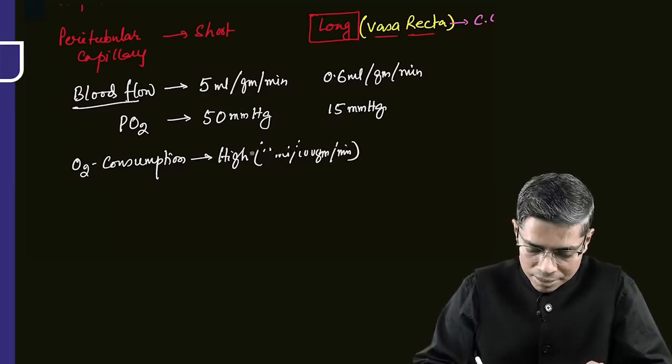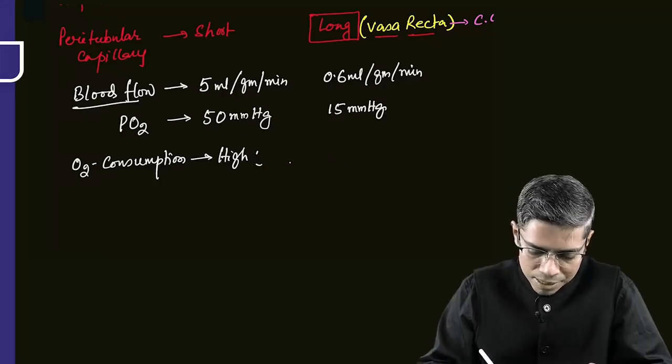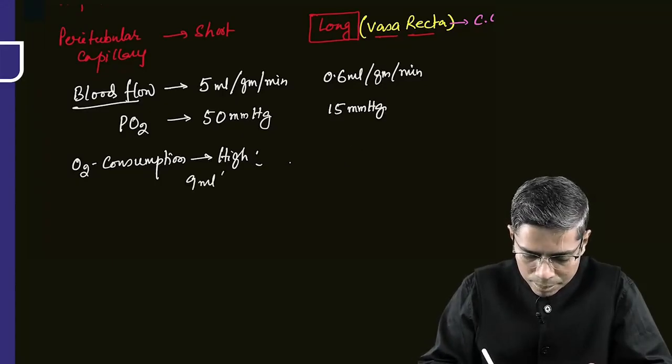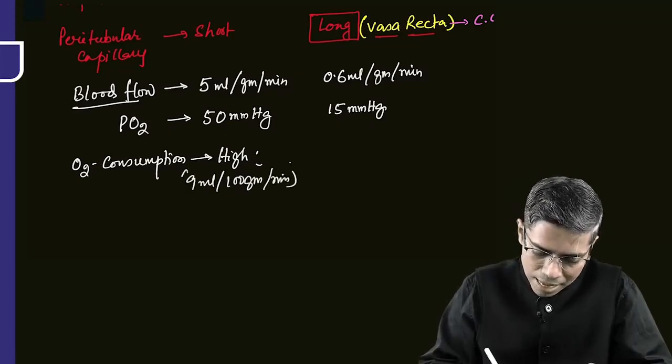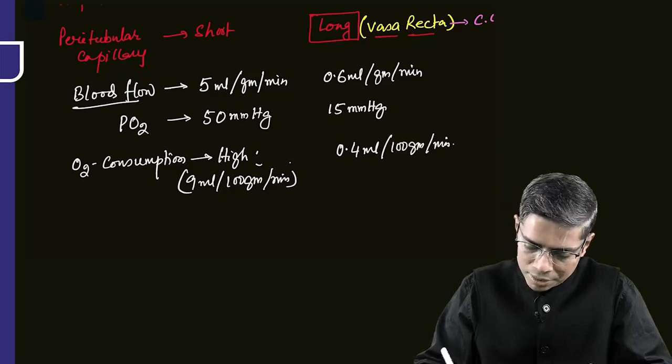So I am writing here in the next paragraph so that you will understand this better. In case of cortical nephron, the oxygen consumption is 9 ml per 100 gram of tissue per minute, right? And in case of juxtamedullary nephron, this is only 0.4 ml per 100 gram of tissue per minute, right?